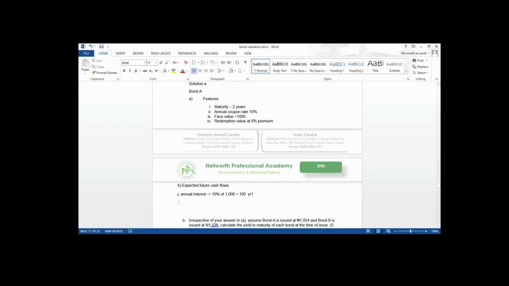Annual interest again is equal to 10% of 1,000. That will give you 100 in year 2.